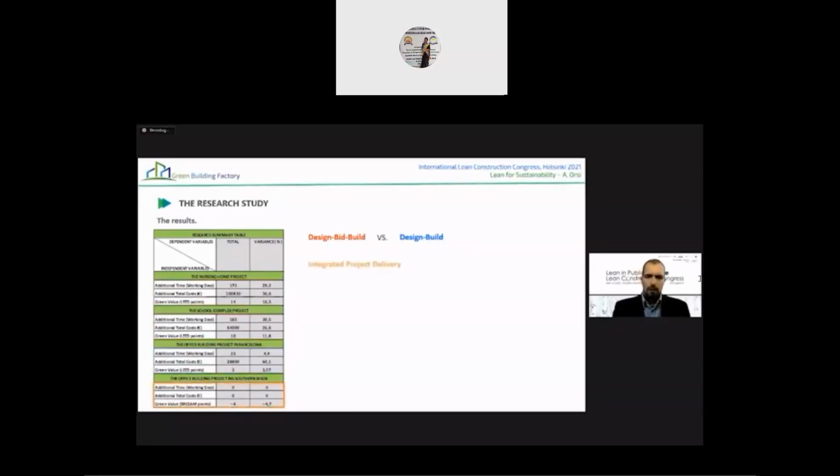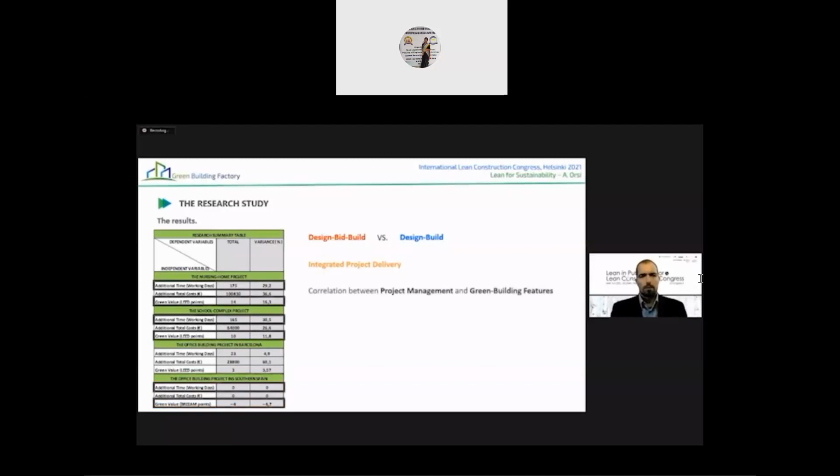The huge benefits of implementing an IPD approach, the positive relationship between project management and green building features, and vice versa, and other results. We gathered all these results within what we call the Green Building Factory, GBF method, but the key idea here was to use lean only to detect the wastes within the process.